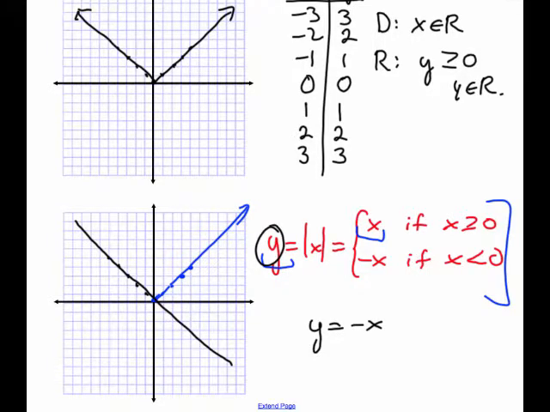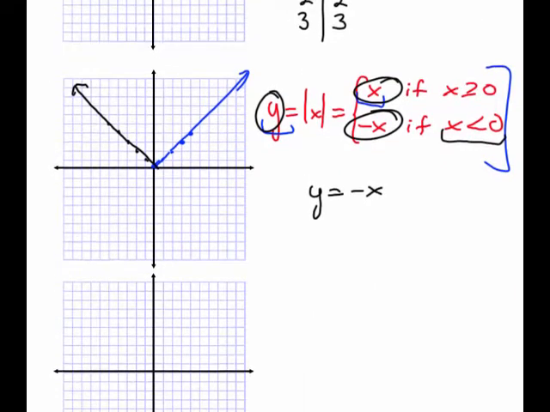But again, we only want x less than 0, so we don't want the part on the right. So I'm going to take that away. And notice what I have. I have the same function, obviously, but I've interpreted it in terms of the pieces of two lines. And that's what an absolute value graph is. It's pieces of different functions. In this case, the pieces of two lines.